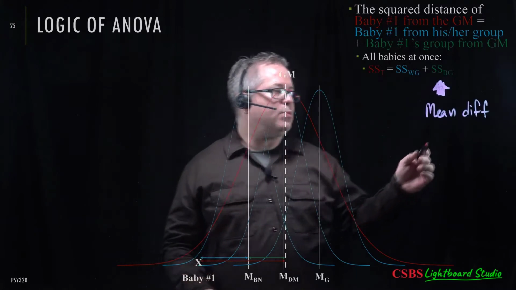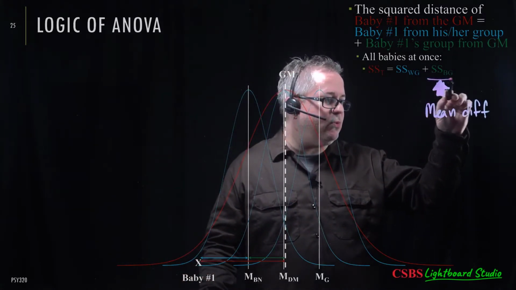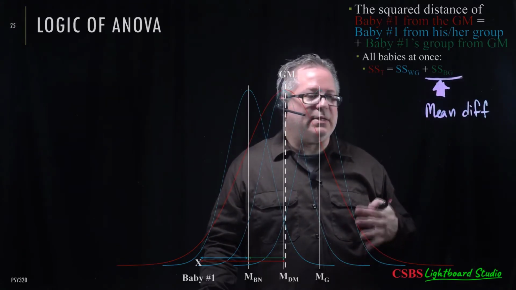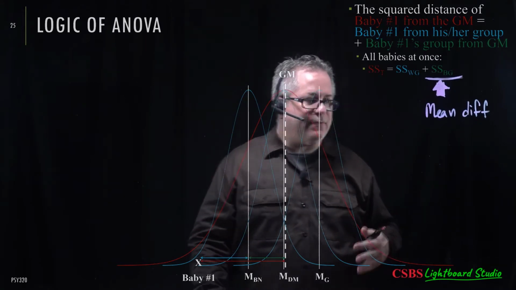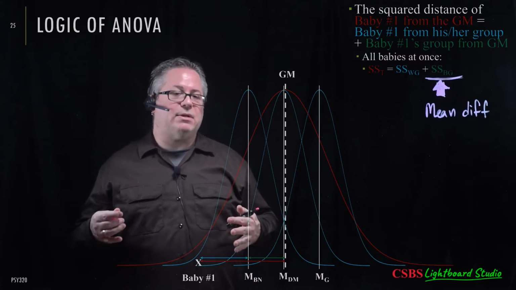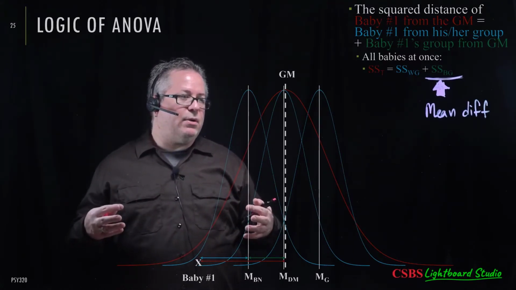So this is where our hypothesis lies, right? In our between groups sum of squares, or between groups variance, is where the mean differences are coming from. So even though it's called analysis of variance, we're going to use the idea of variance to compare group means to one another indirectly.